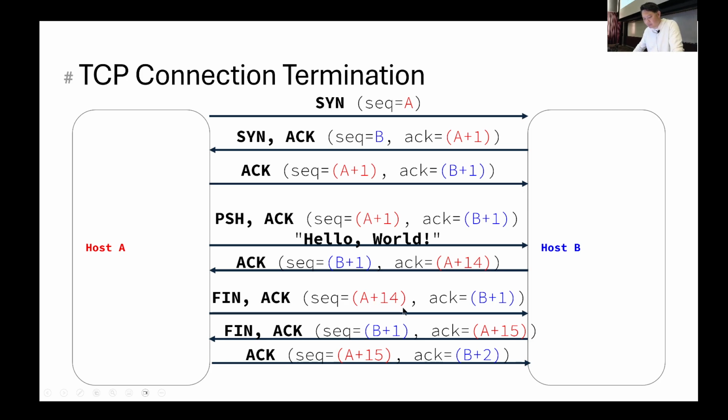When the transmission is finished, host A sends the FIN and ACK flag set packet. Host B responds with the sequence number plus one as the ACK number, and finalizes with the same mechanism.